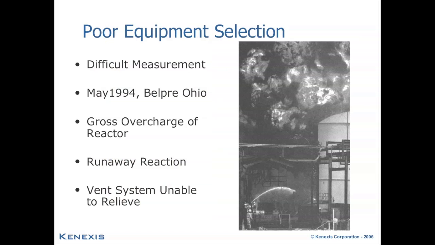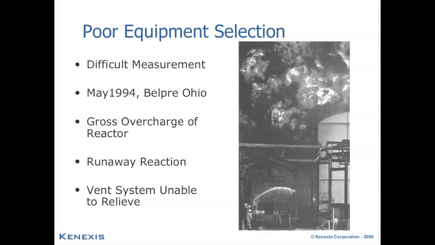In 1994, we saw an incident that involved a runaway reaction in a batch chemical reactor. In this case, there was relatively poor selection of the components in the system, and a system that allowed an operator to reset it multiple times when given information about an already gross mischarging of material in the reactor.